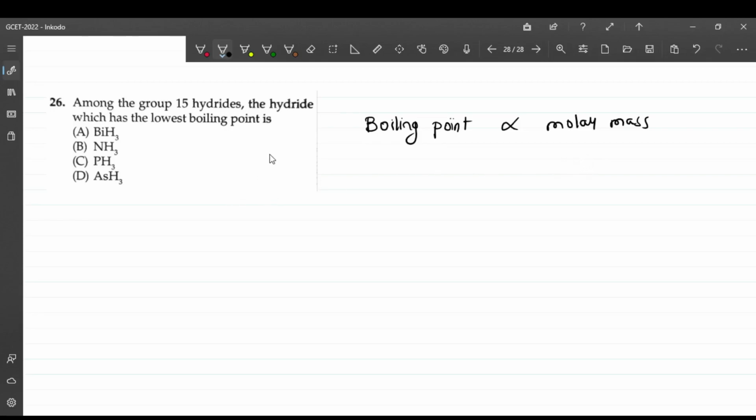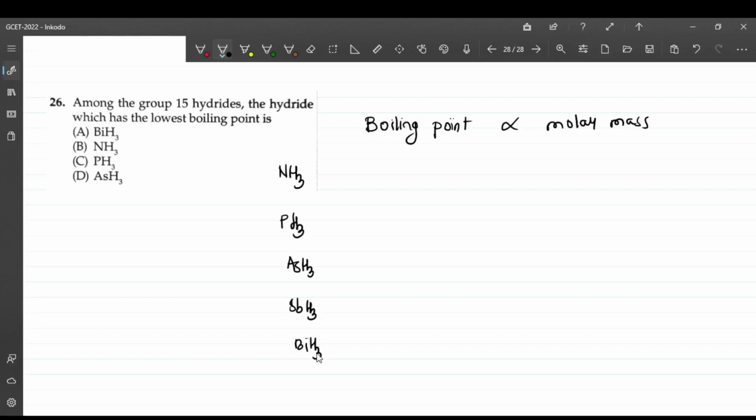The topmost hydride of the group 15 family is NH3, then phosphorus, PH3, then arsenic hydride, antimony hydride, and last is bismuth hydride. Among these, the maximum molar mass is of bismuth hydride, so according to that concept, the boiling point should be highest for bismuth hydride.